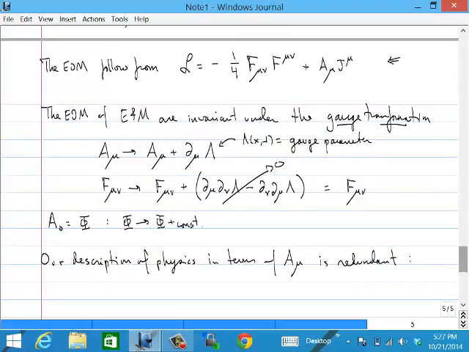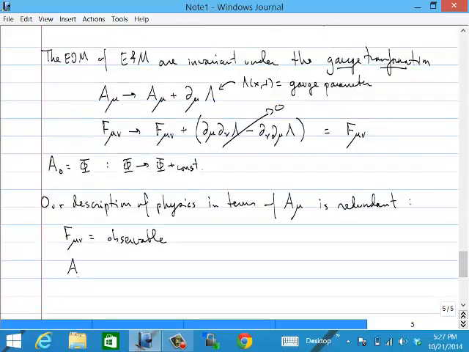The actual fields which have physical content are the F_mu nu. So these are the things that are observable. But the A_mu give you some redundant, overcomplete specification of the fields. So some redundant description of F_mu nu.